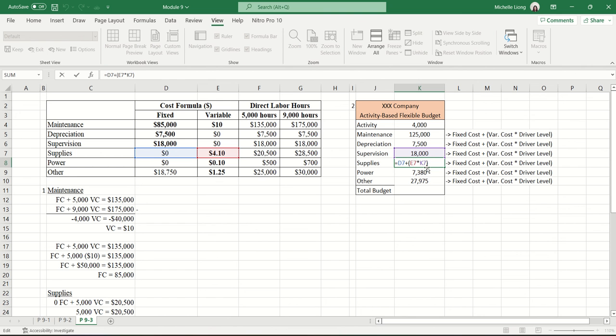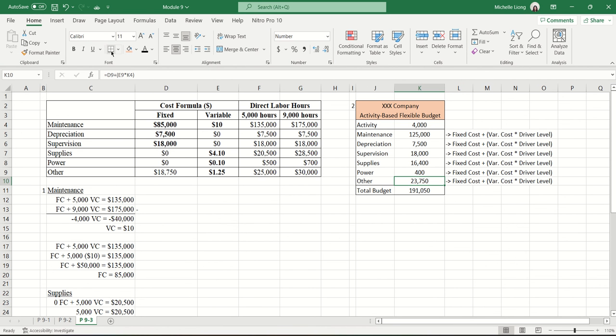Supplies is still the same. Power, other is... okay, and the total budget is this. Fair enough, and it's done.